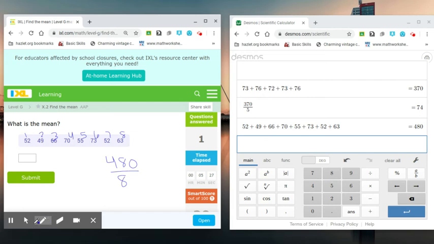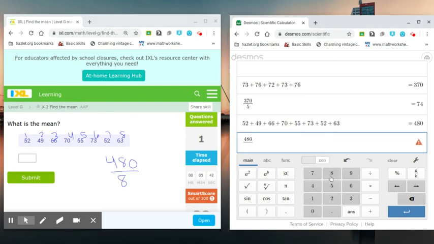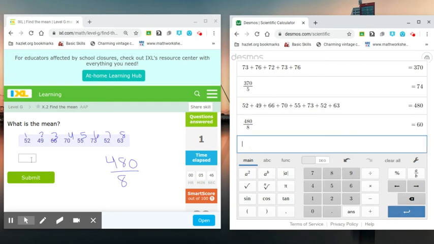Normally you would just count it. You wouldn't have to label it. But if you want to label it so you have everything written down, you can on a piece of paper. So now I have to rewrite it. I have 480 divided by 8 because I have 8 numbers. And my average is 60.